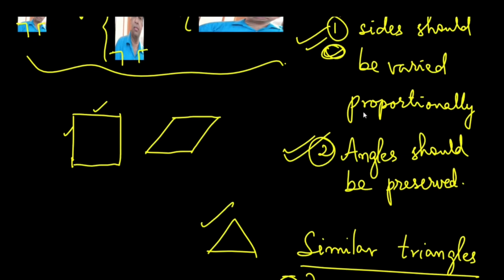Either the sides should be proportional or the angles should be preserved. If one condition is met, the other condition is automatically met. To understand this relation between the sides and angles, we have to see some theorems.